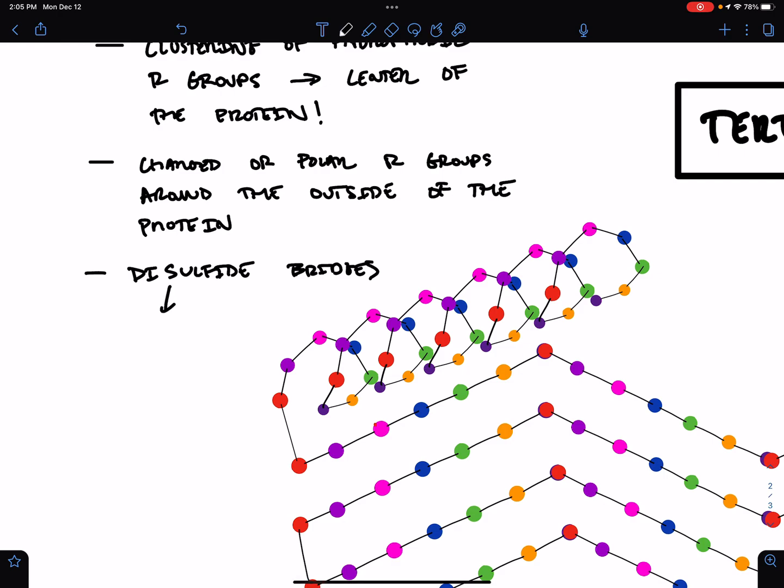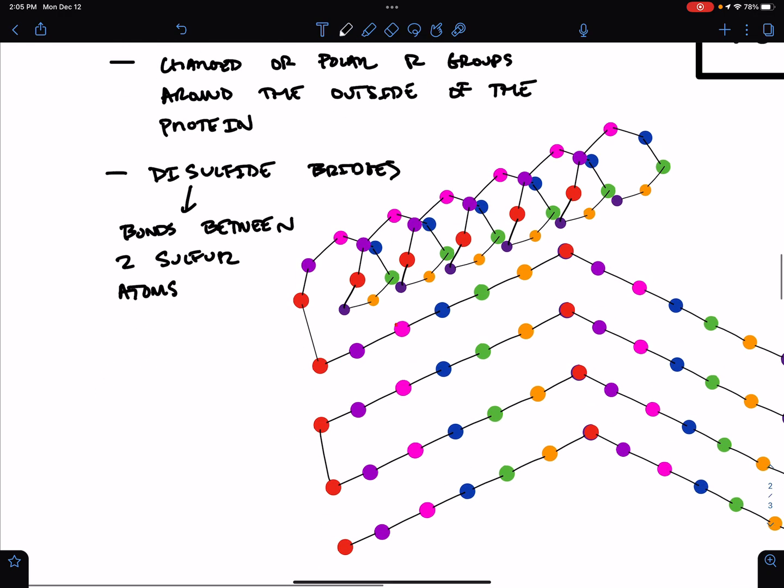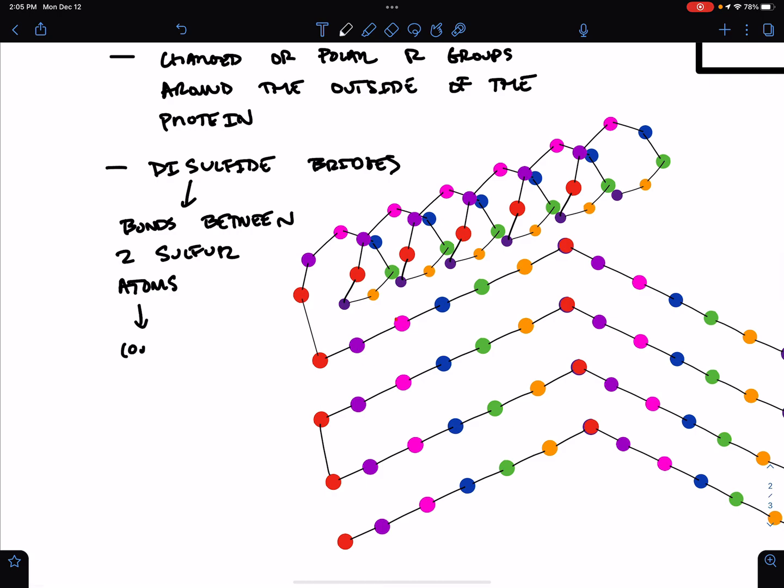Disulfide bridges are bonds between two sulfur atoms. And this is a covalent bond. So it's pretty strong.